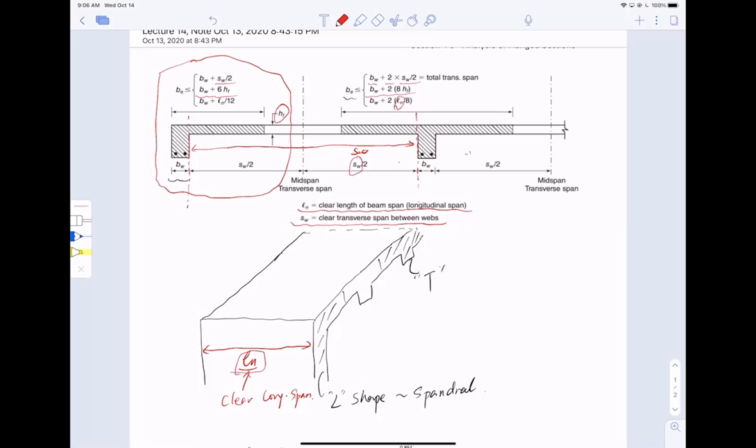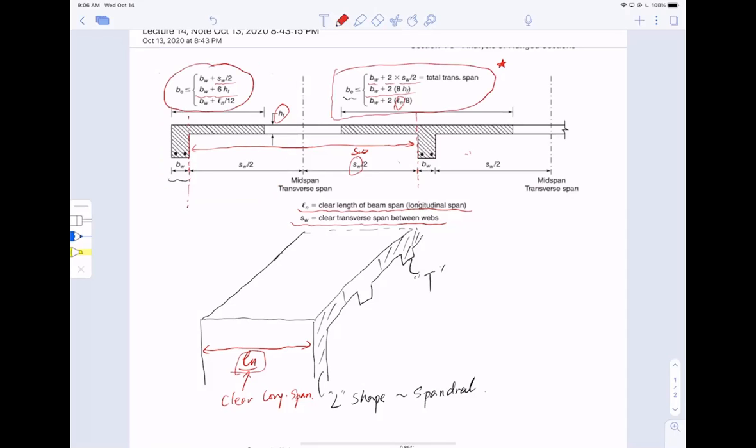Back when we talked about the T-beam, we didn't show you this detail, so today you can see it here. In short, for your homework and future exams, all you have to remember are these equations. On the left, this one is for the L shape.